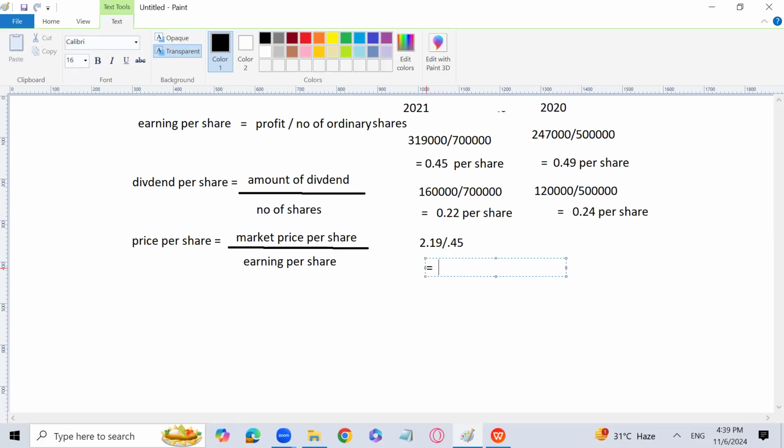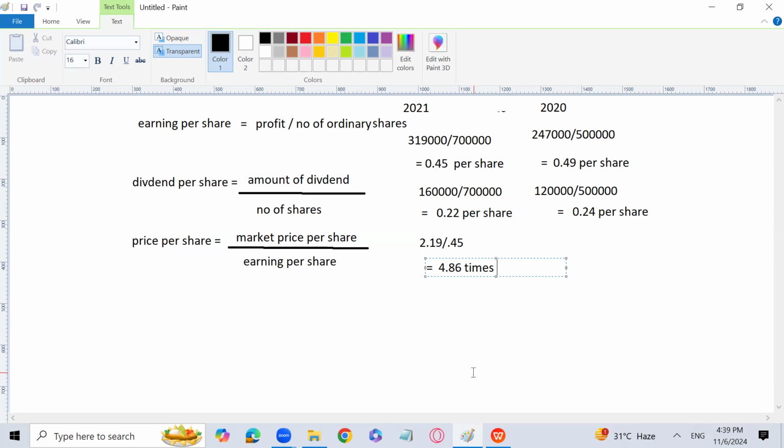So how much is the answer? 4.86 times. So our market price is 4.86 times our earning per share. It should be even more than that. The more the difference between market price per share and earning per share, the better it is for the business, because it shows the investor confidence and the capital growth of the business.